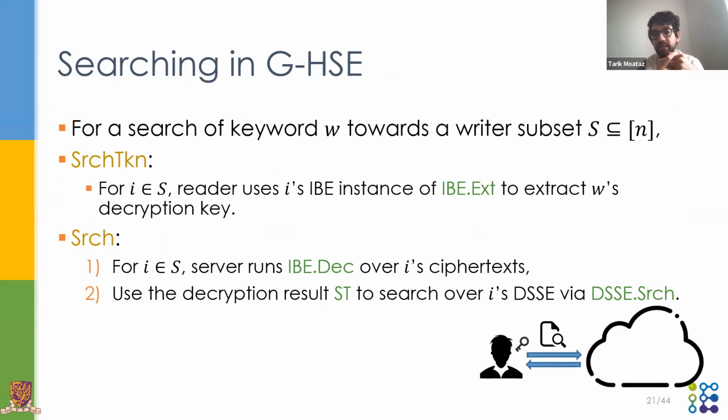If you look at the search algorithm, for all i in S, let's say your set is composed of 100 writers. For every writer, you are doing an IBE decryption to recover the search token.